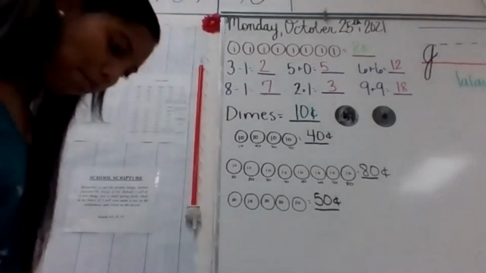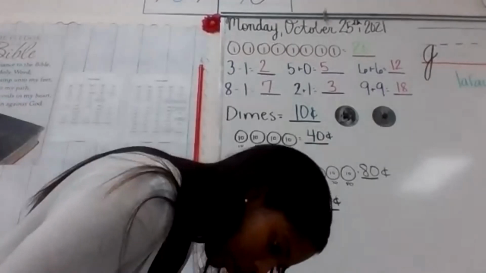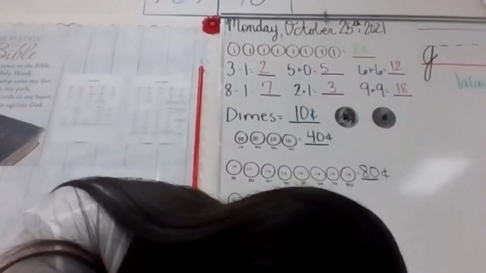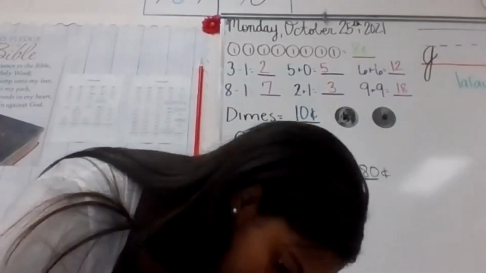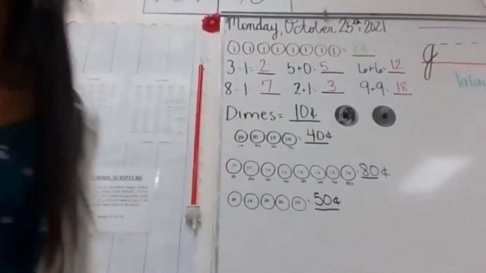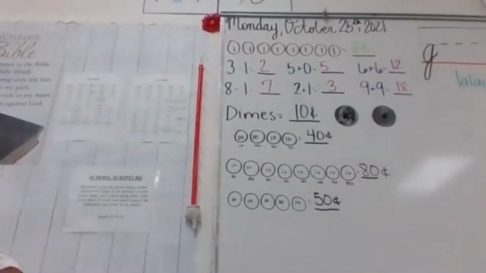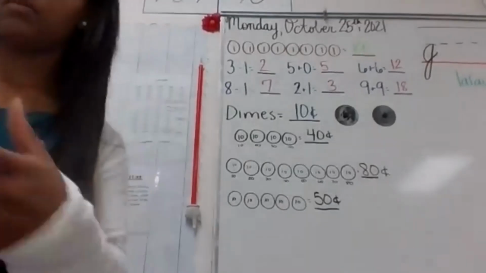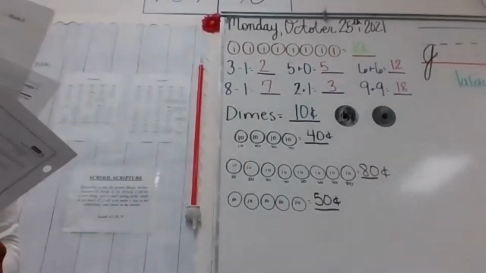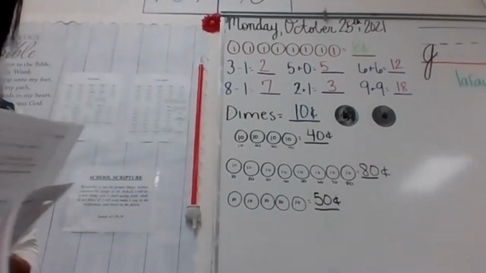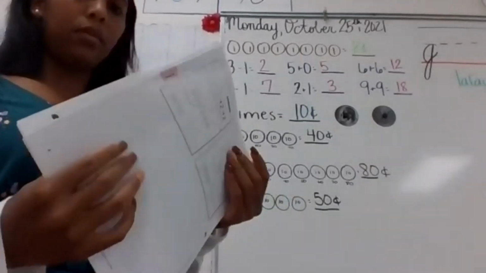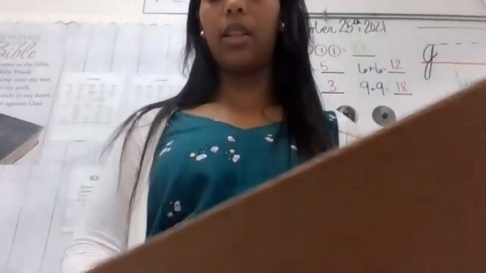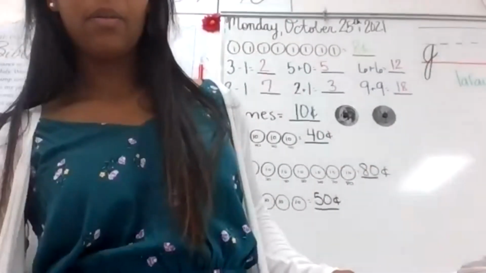Page 27. Yep, already did G. I need my cursive letter book. Yep, I already did G on page 27. I don't know if that's what you had asked, Dennis. Page 27.